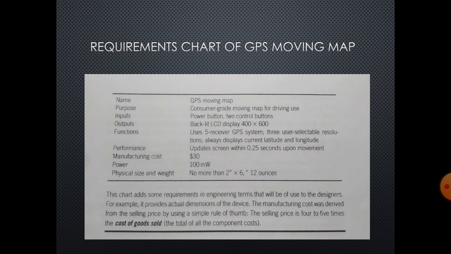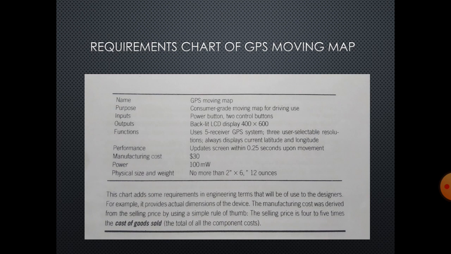That is, it should be written in an engineering format, or an engineer-understandable format. So here, the name is given as GPS moving map, purpose: consumer grade moving map for driving use, inputs: power button and two control buttons, output: backlit display. It is about the mobile phone. Function: uses a 5 receiver GPS system, 3 scalable, select the resolution, always display current latitude and longitude.